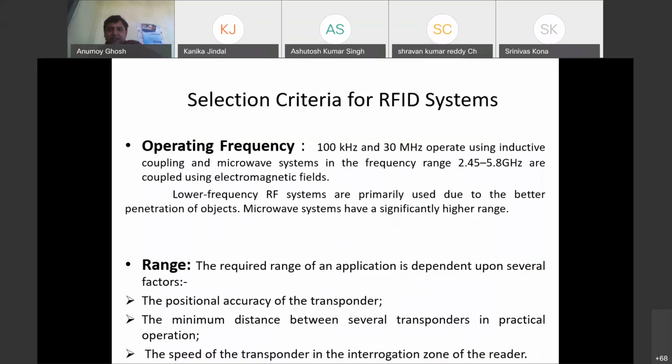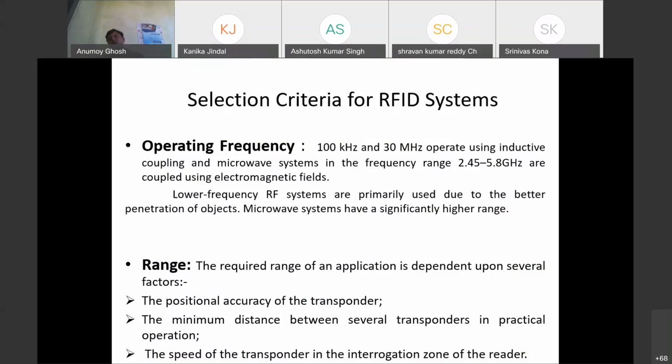Now the selection criteria of RFID systems. The first one is obviously the operating frequency. In the microwave range, it generally operates from 2.45 to 5.8 gigahertz. In the HF range, it operates from 100 kilohertz to 30 megahertz.